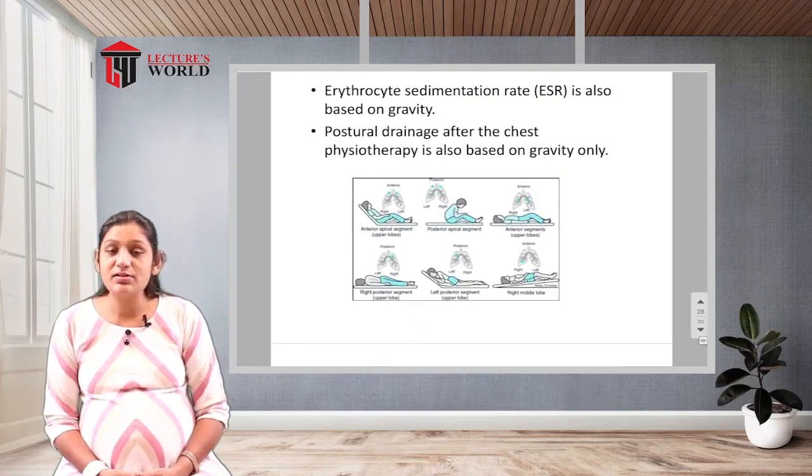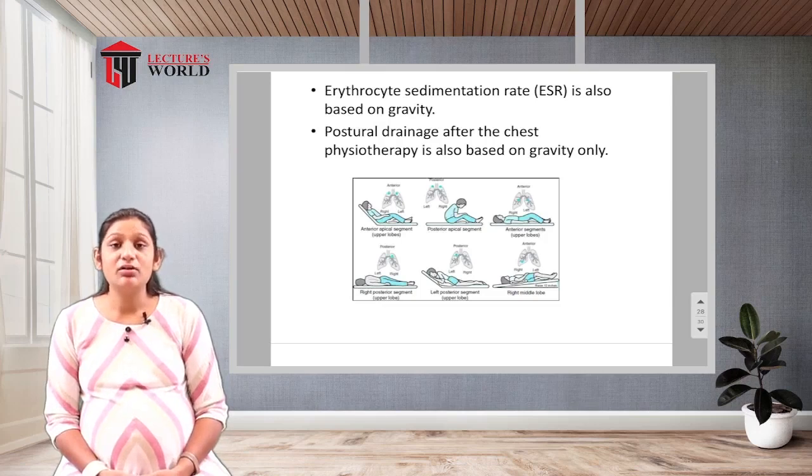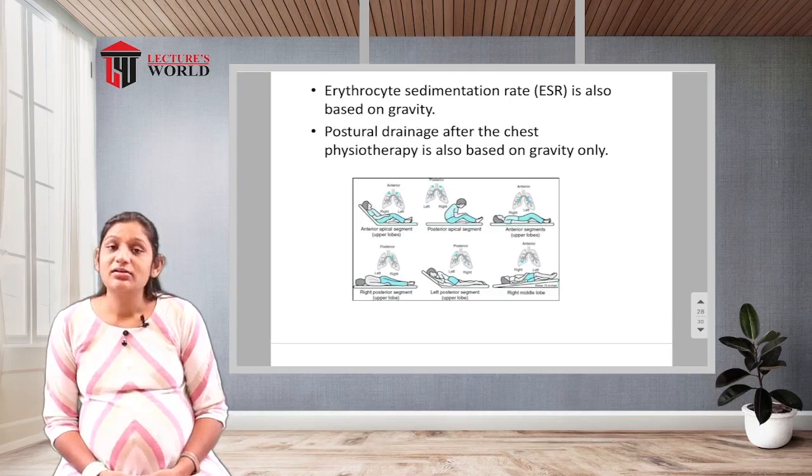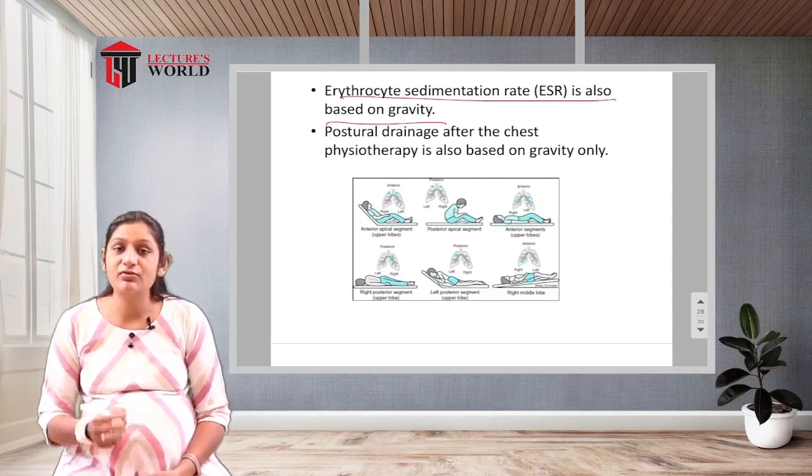Now, erythrocyte sedimentation rate is one of the laboratory tests done to identify normal RBC values. ESR is also based on the gravitational factor.